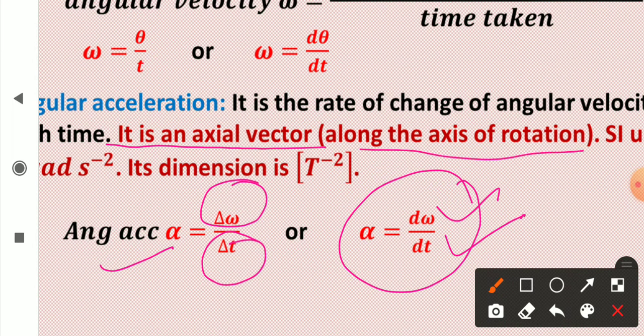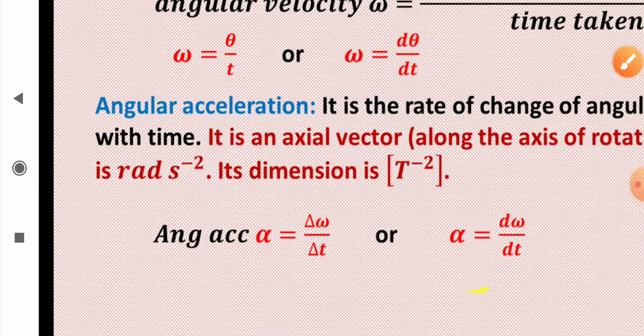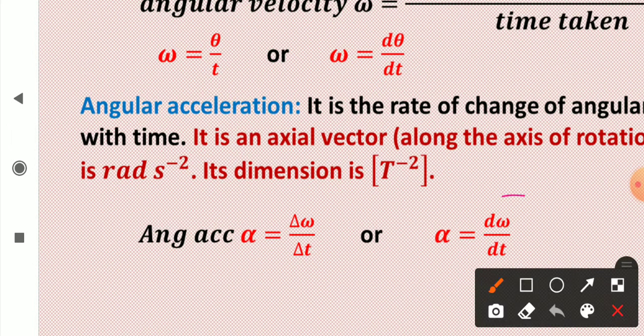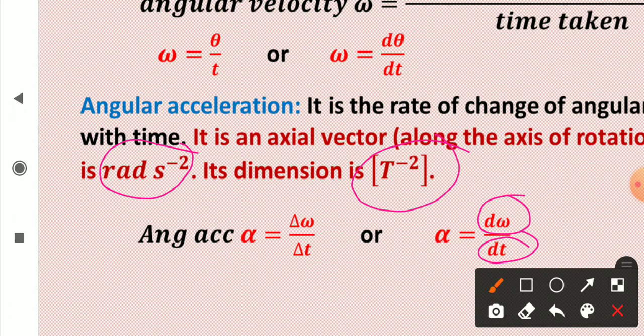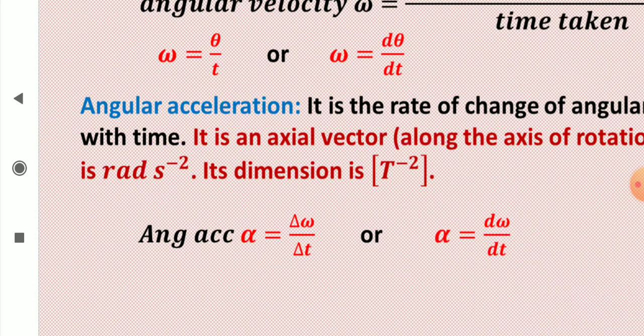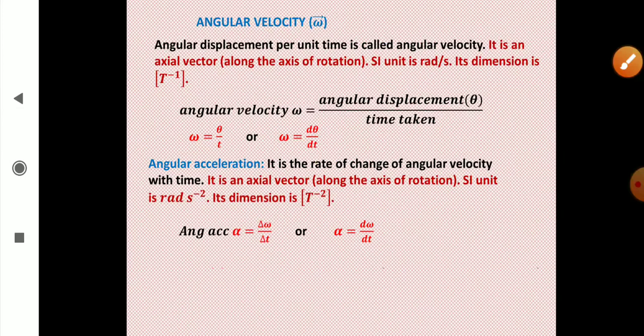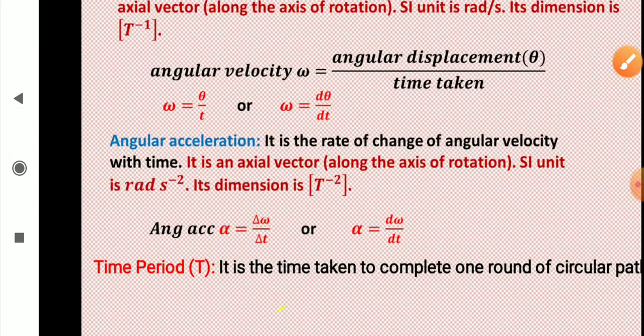It acts along the axis of rotation and its unit is radian per second upon second, so radian per second square. Dimension will be T minus 2. You know that radian is dimensionless, so T minus 2.